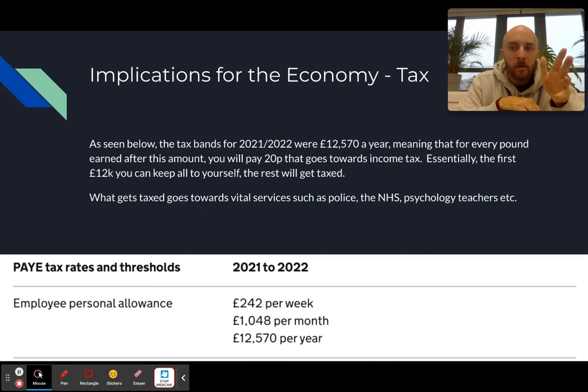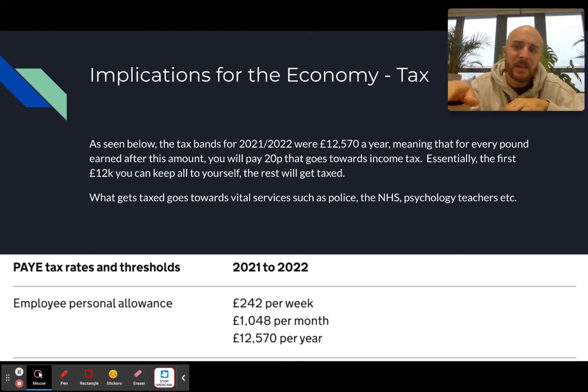So at the moment, at the time of filming in 2022, this may be a couple of years old by the time you watch it, the tax band is 12,570, right? Meaning that basically, if you earn less than that, you pay no tax whatsoever. So in order to start paying tax, you have to earn £12,500.